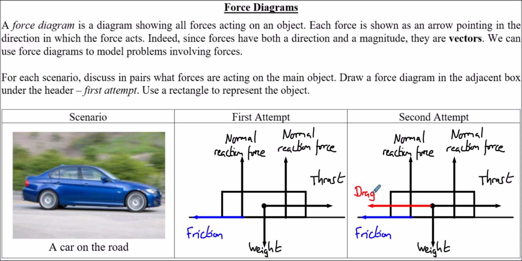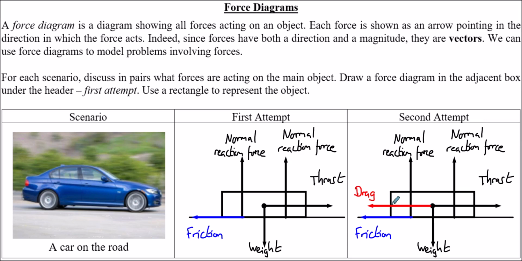So you might think this is an awful lot of forces to be considering, and sometimes there will be. However, the good news for you is, often in exam questions, we can simplify even further. So for example, these two normal reaction forces, in some questions we could group into one. We just have one arrow going up called N, one arrow going down called W. The thrust going forward, that would be considered as well.